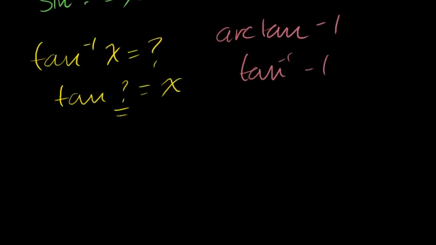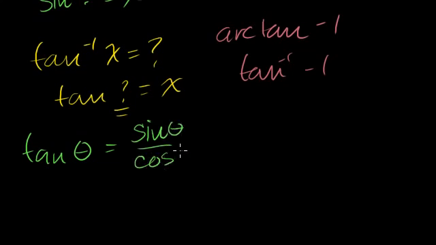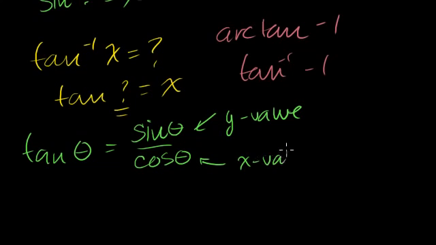And actually, let me just do a refresher of what tangent is even asking us. The tangent of theta, this is just a straight up vanilla non-inverse tangent function, is equal to the sine of theta over the cosine of theta. And the sine of theta is the y value on the unit circle, and the cosine of theta is the x value.